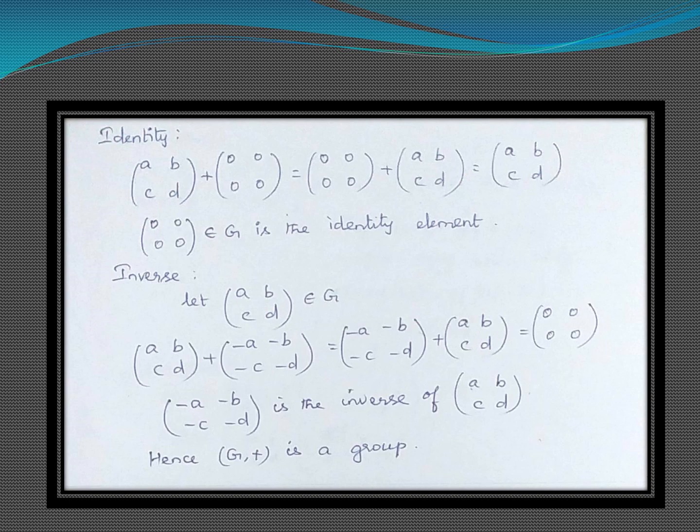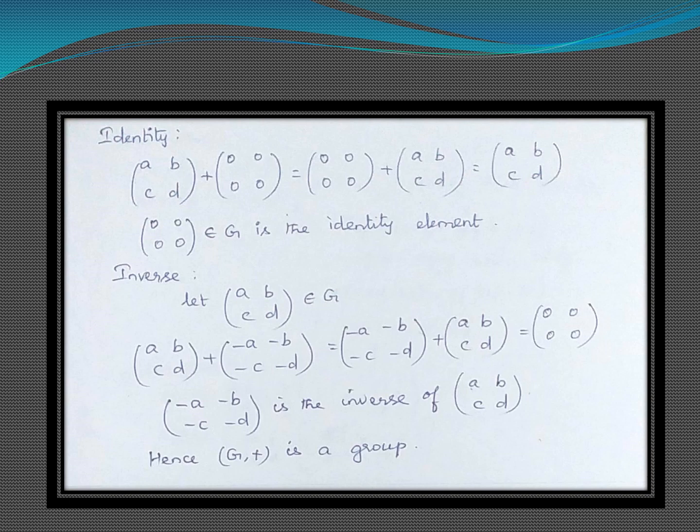Then clearly the inverse matrix becomes the matrix minus A, minus B, minus C, minus D. The matrix A, B, C, D plus the matrix minus A, minus B, minus C, minus D equals the matrix 0, 0, 0, 0.